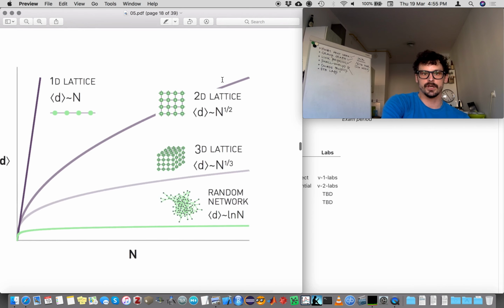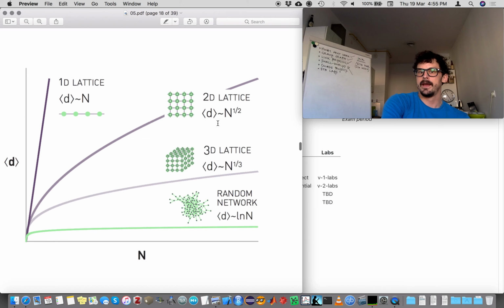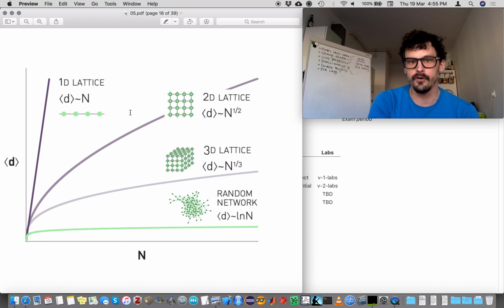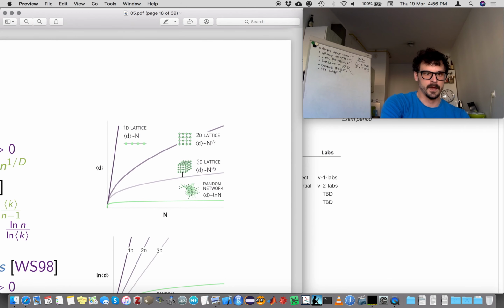So, a one-dimensional lattice will be simply a chain, a two-dimensional lattice will be a grid, and so on. According to the formula, the distances in a one-dimensional lattice scale linearly with the size of the lattice. Distances in a two-dimensional lattice scale as the square root of the number of nodes. However, in real networks and also random graphs, we see that the distances scale logarithmically with the number of nodes.